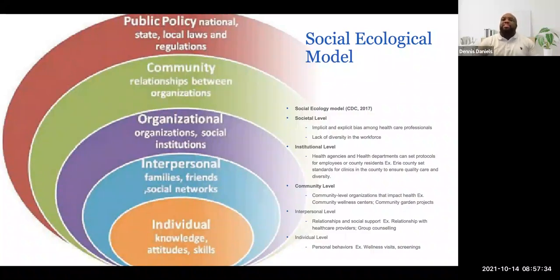And then when we get to the societal level or the public policy level, we're looking at ways that we can establish laws or regulate institutions, different spheres in our society that have power and influence, to better ensure that equity is at the center of day-to-day affairs.